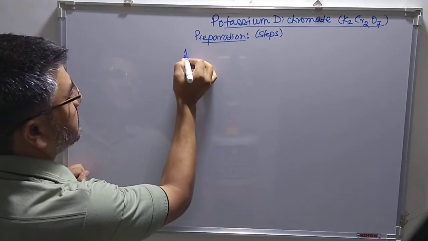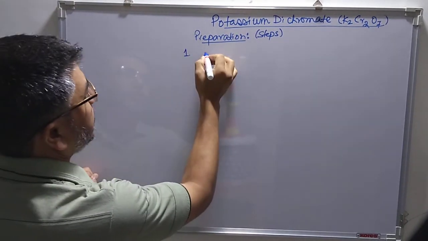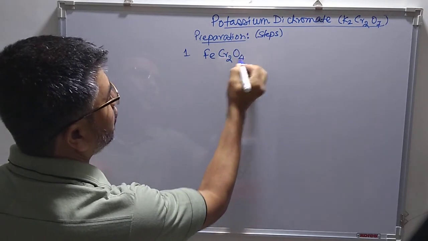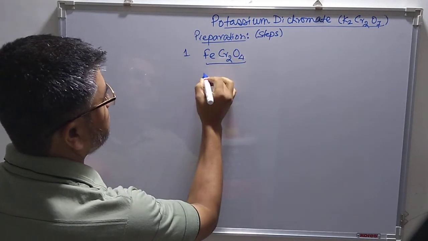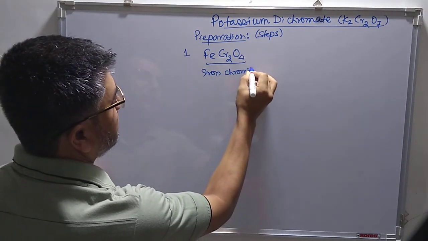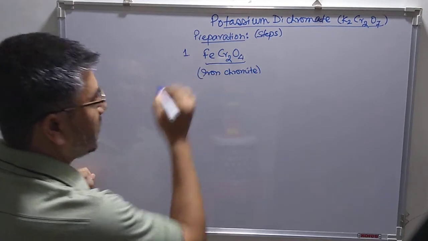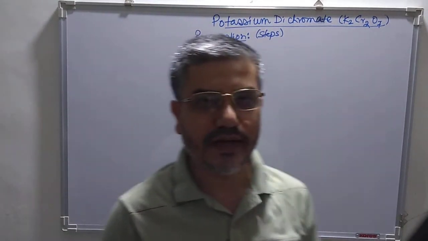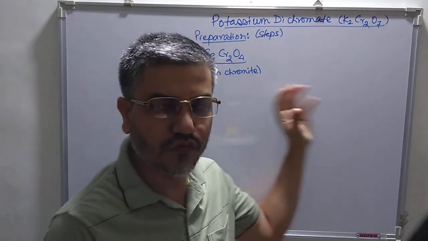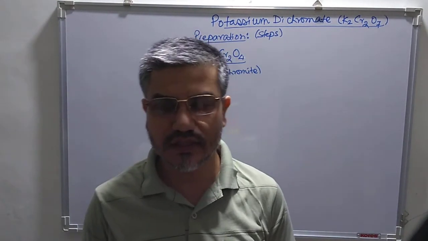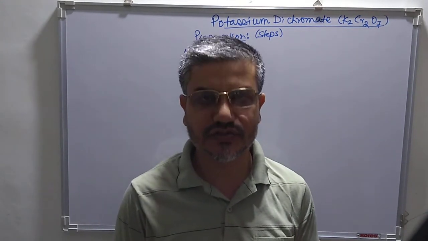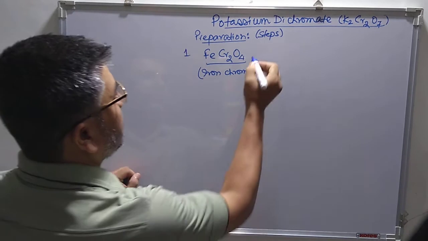The first step is we have a chromite ore, FeCr2O4, iron chromite. Now this iron chromite, FeCr2O4, is fused with sodium carbonate in presence of an oxidizing agent like aerial oxidant.